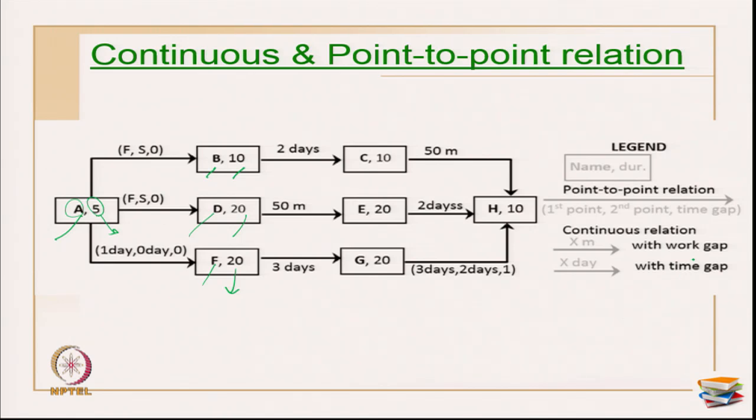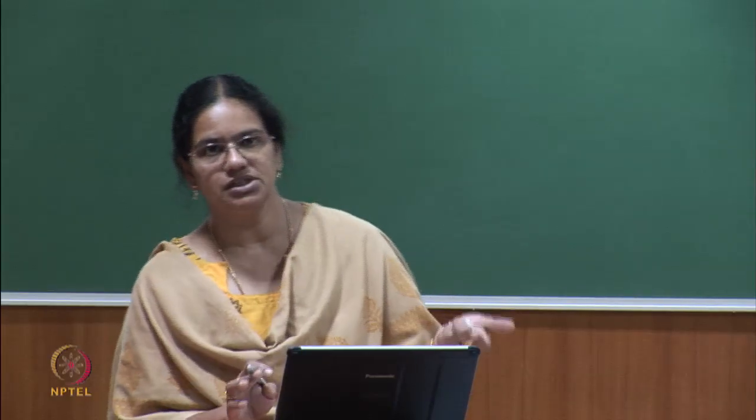Point to point relation, it says primarily the first point, second point and the time gap. In your BDM you always had N1 and N2, and if you want to have N1, N2 with a time gap, then you can mark this as F, S and O. Primarily the finish, the first segment, the second segment, and then the time lead or lag.